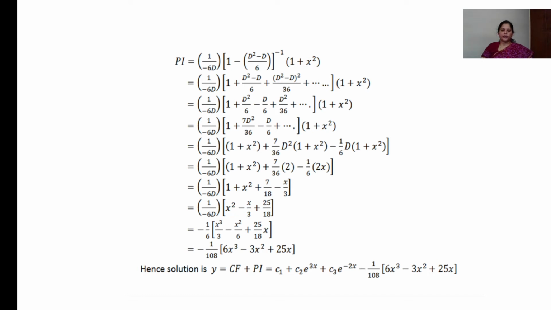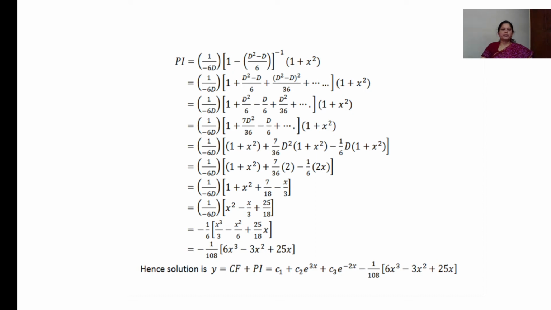D means we want to differentiate the function 1 time with respect to x. D square means we want to differentiate the function 2 times with respect to x. If you go for that simplification, in the next step, D square of 1 plus x square becomes 2 and D of 1 plus x square becomes 2x.